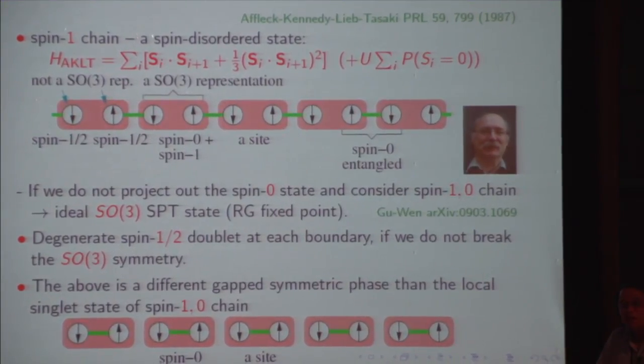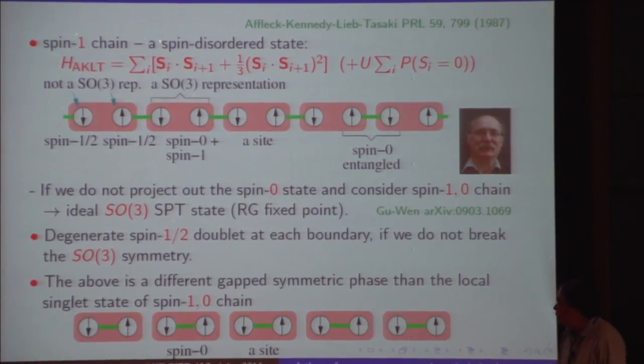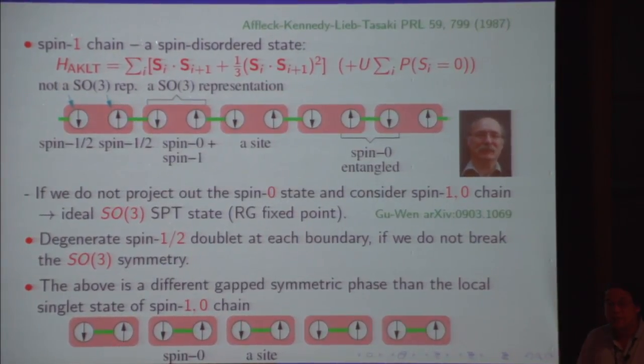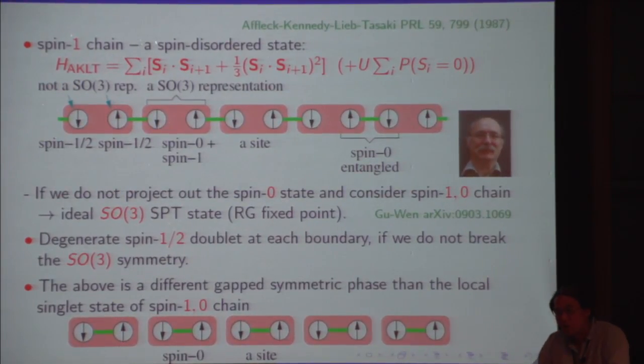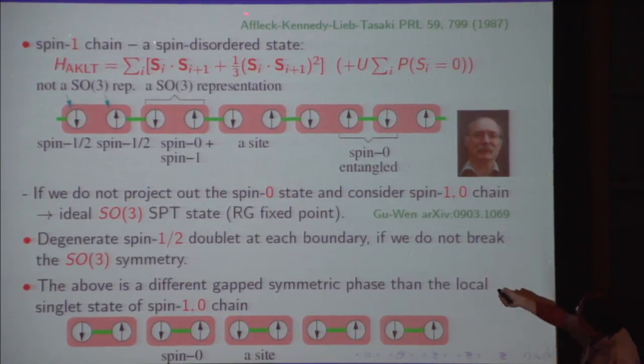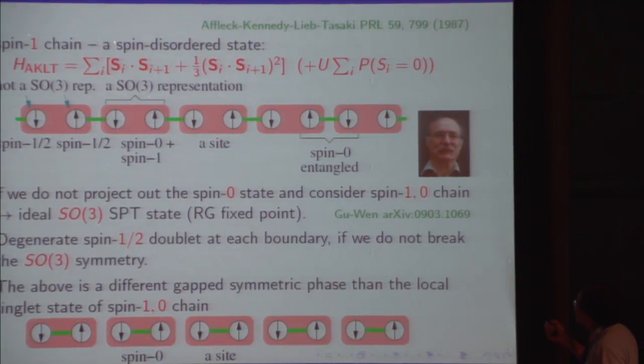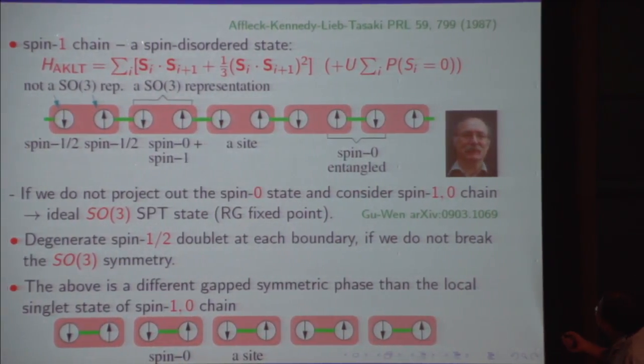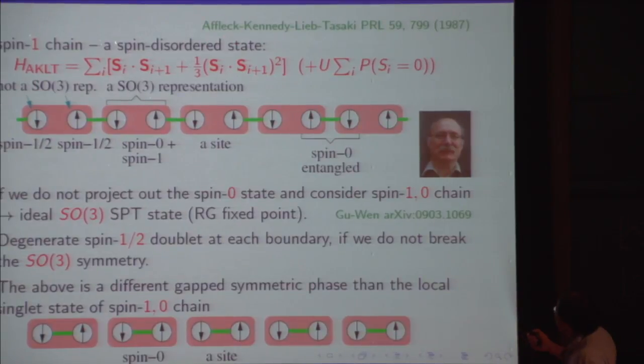And Haldane proposed that actually for the spin 1 Heisenberg model, the ground state is not ordered. It's disordered with an energy gap. So how do we understand this many-body disordered spin 1 wave function? It's not so easy, but there's a way to do it. It was proposed by AKLT. I think at that time, Affleck and Lieb were probably at Princeton.